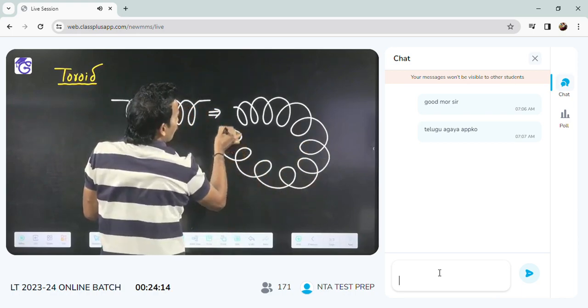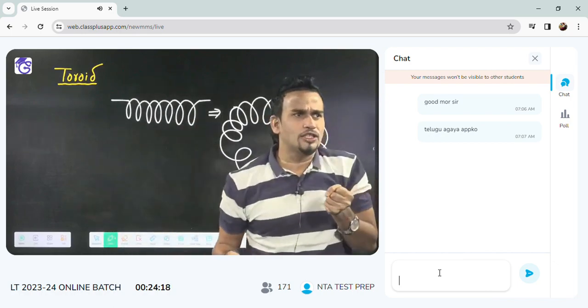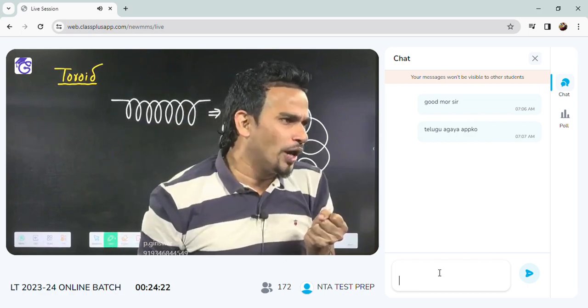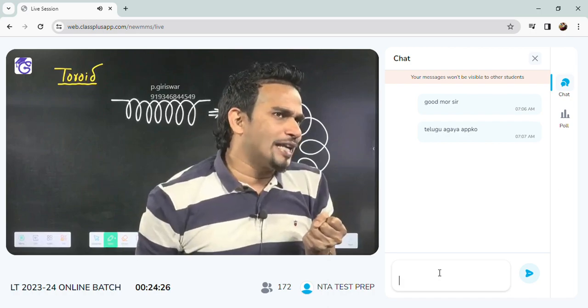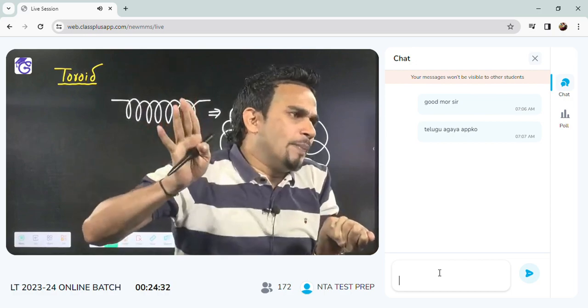This turned solenoid in physics is known as toroid. Same as your jangri, same as your donut, same as your polo chocolate. If you take the two ends of a solenoid and join them forcefully, it will become a toroid.